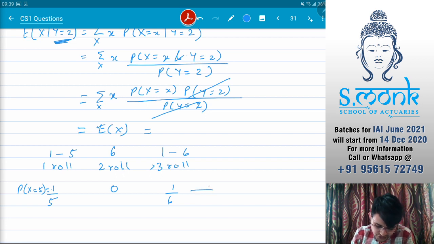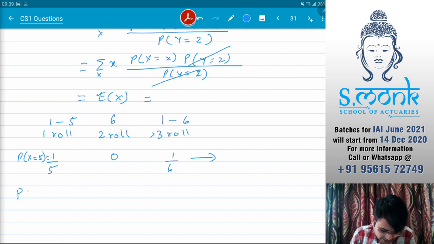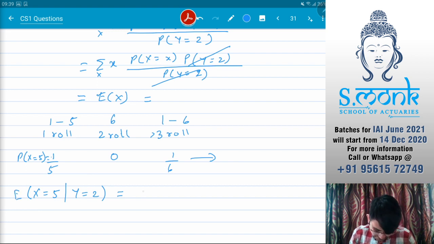okay, and so on. So if I want to find the probability that x is equal to 5 given y is equal to 2, okay, not probability, sorry, expectation, I would need to take into account my value is 1 into the probability of it being 1, which is 1 by 5, plus it cannot be 2, then 3 or further, I will say addition, let's say I going from 3 to infinity, probability is 1 by 6 into i, okay.